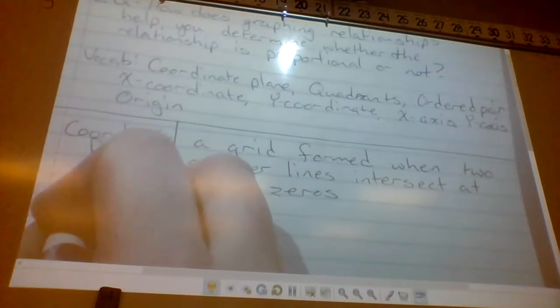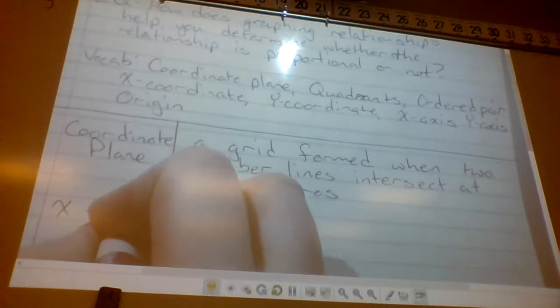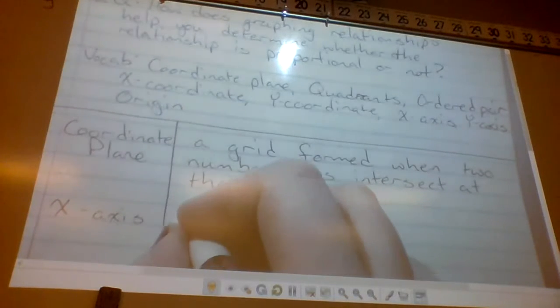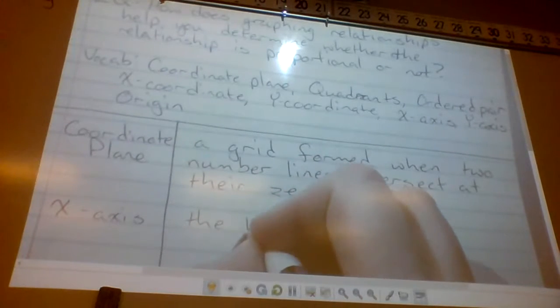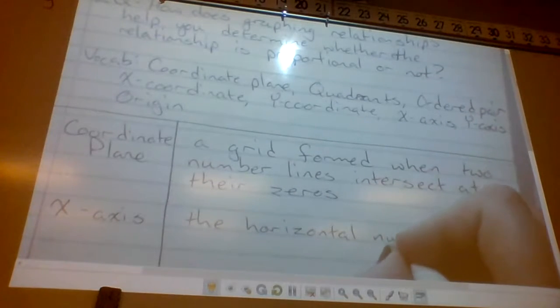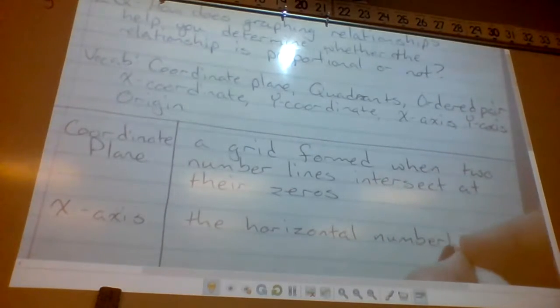So the x-axis, that is the horizontal number line. In other words, it goes from left to right.